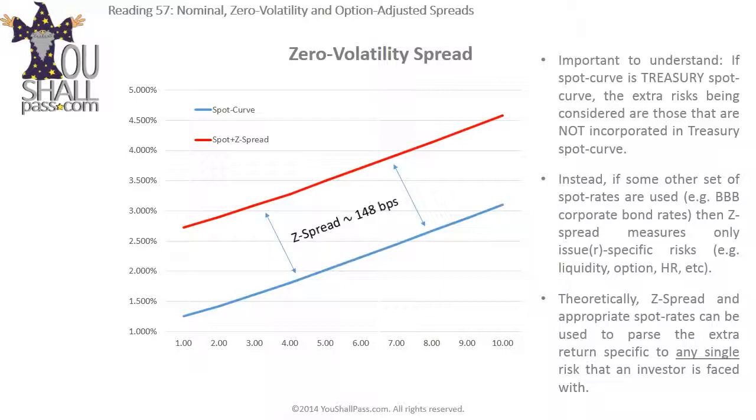In fact, we are going to do some parsing next in relation to the spread, or the additional yield, a bond offers in exchange for its embedded options. Quite rightly, the measure derived from this parsing is called the option adjusted spread, and it's coming right up.